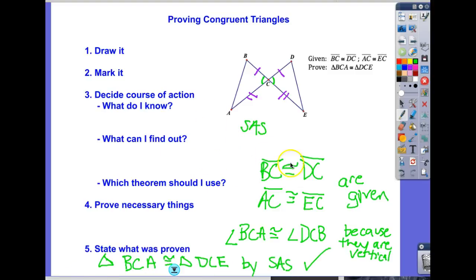So here you can see I needed to state this, even though this was already said. I need to state that it's given, and I need to state this and say why. I know that these are congruent because of this. Now that I have that necessary information, I can say this, which is what it was trying to prove.